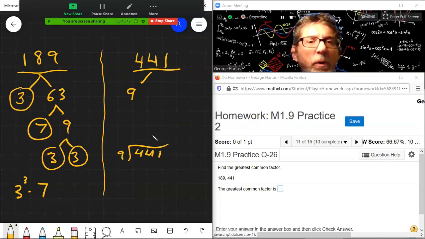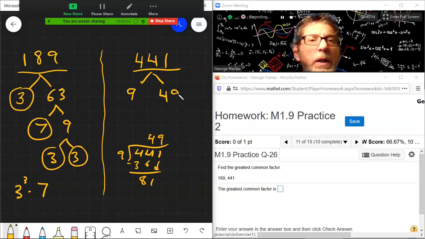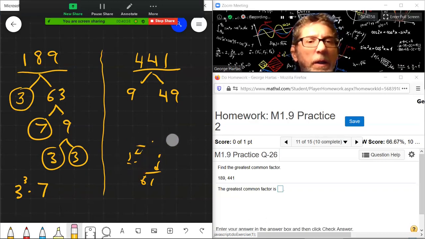9 goes into 44 4 times. 4 times 9 is 36. Remainder is 8. 49. 9 times 49 is 441. And I think we can deal with it in our heads here from our knowledge of the multiplication tables, correct?